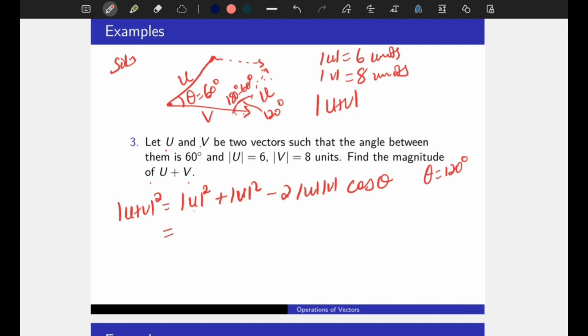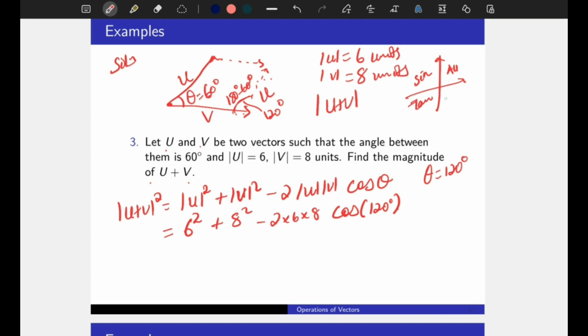So substituting the values of the norm of u and the norm of v, we have 6 square plus 8 square minus 2 times 6 times 8 cosine of 120 degrees. As you know, in the first quadrant all of the trig functions are positive, and in the second one sine is positive, and we have tan, and here we have cos.